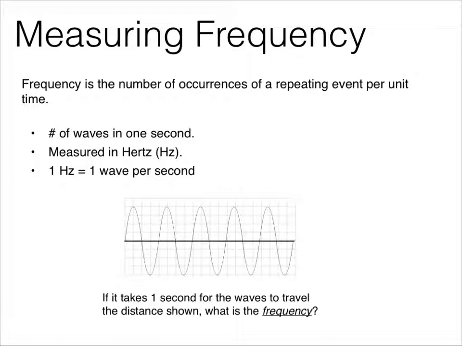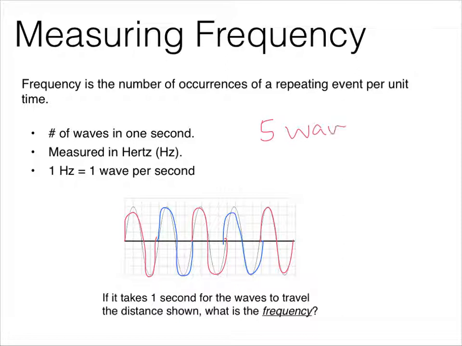And so if I want you to measure the frequency of a wave, the first thing you have to figure out is, how many events have we had? How many waves do we see? And so we look at our wave train and we figure out how many waves are there. Well, we have 1 there, 2, 3, 4, 5 waves.